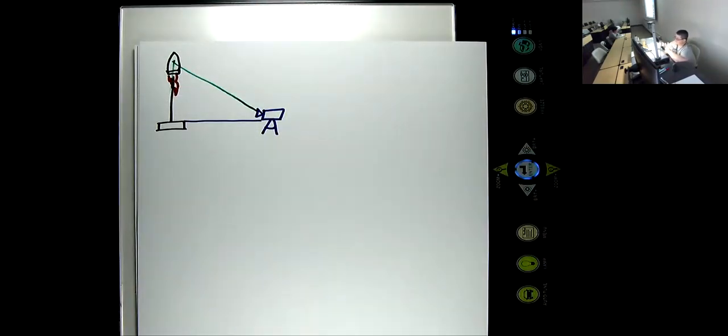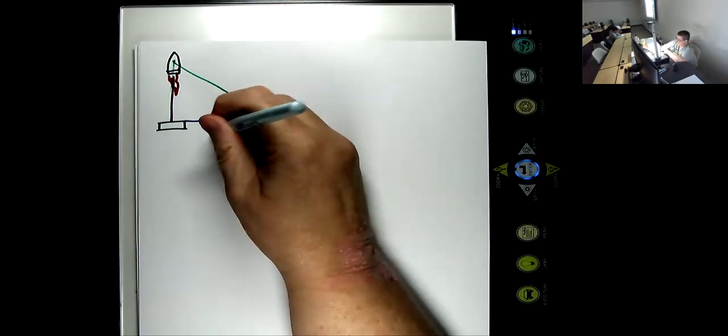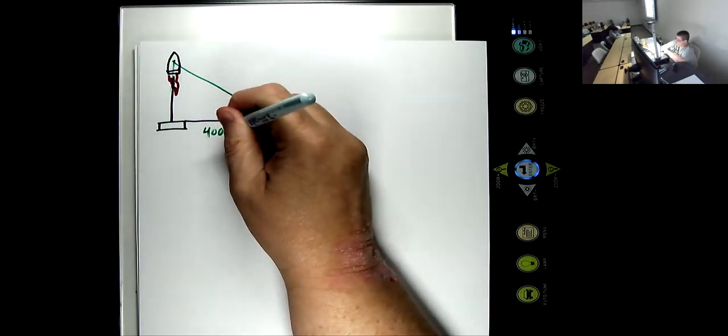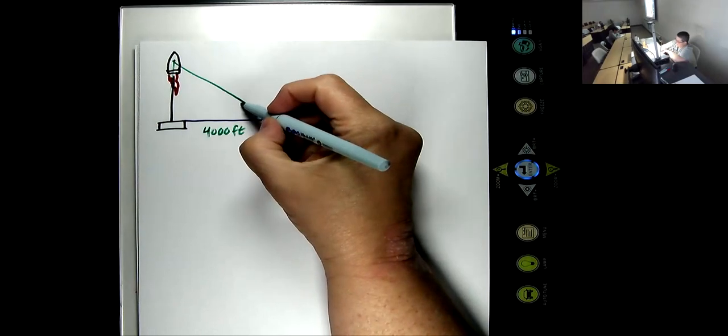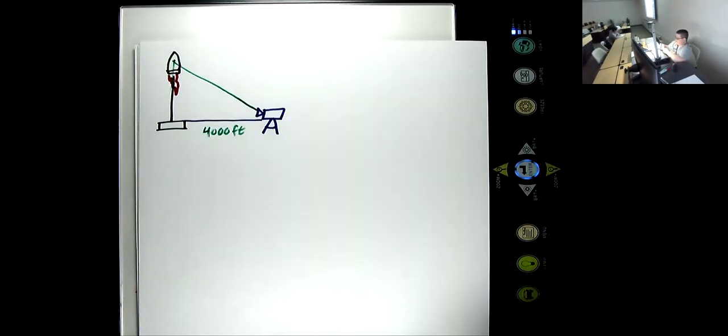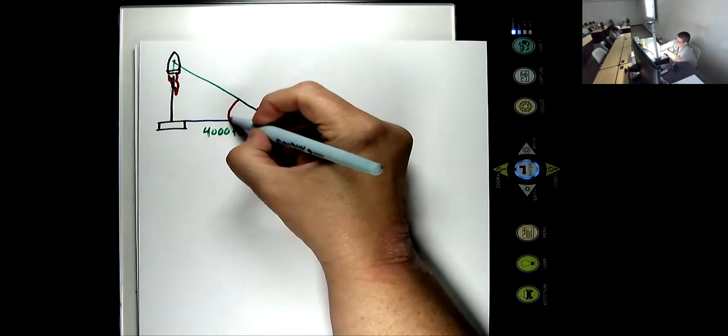So it says this is 4,000 feet. That green pin's dead. Let me get a new one. And it says the angle of elevation of the camera had to change. So angle of elevation is this. I grabbed the wrong pen. That's my angle of elevation.